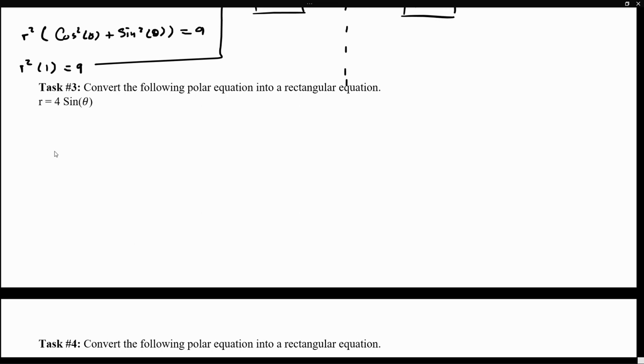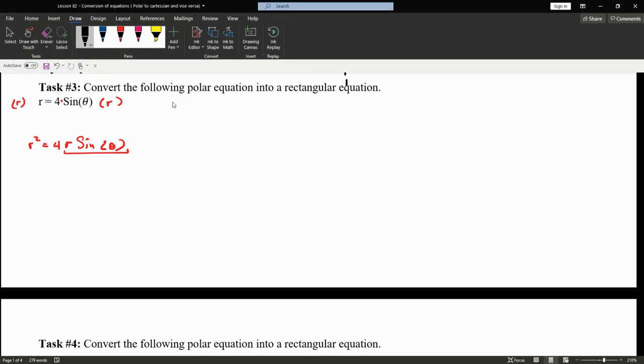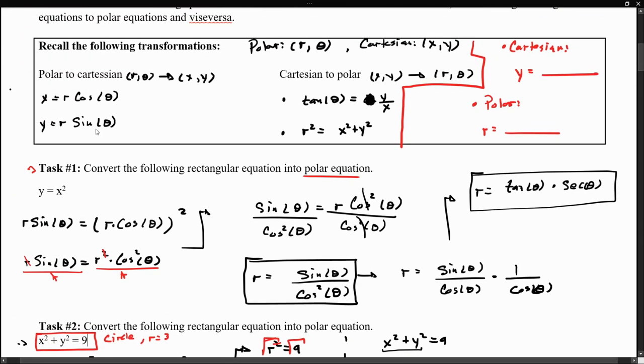So how can we fit an r here? Well, notice that here we have 4 times sine. So perhaps if we multiply r to both sides, r squared on the left, now we have 4r sine. And now notice that this is essentially the expression that we need to substitute with the y value, because r sine is y.